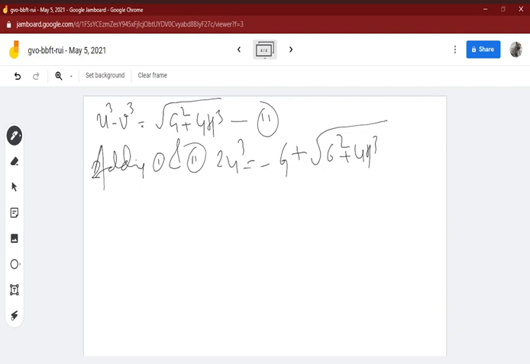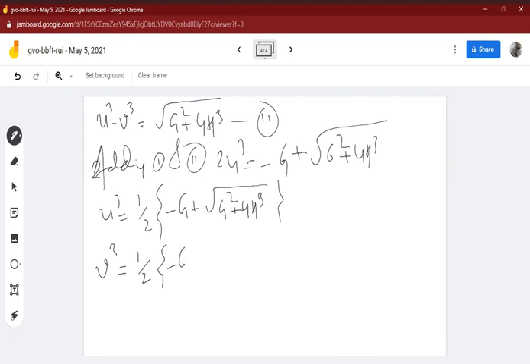So u cube equals half of minus g plus root over g square plus 4h cube. And similarly, after subtracting, you will get v cube equals half of minus g minus root of g square plus 4h cube. So this is u and v.